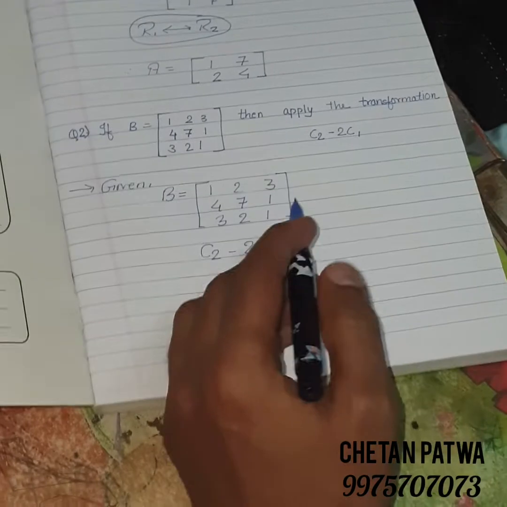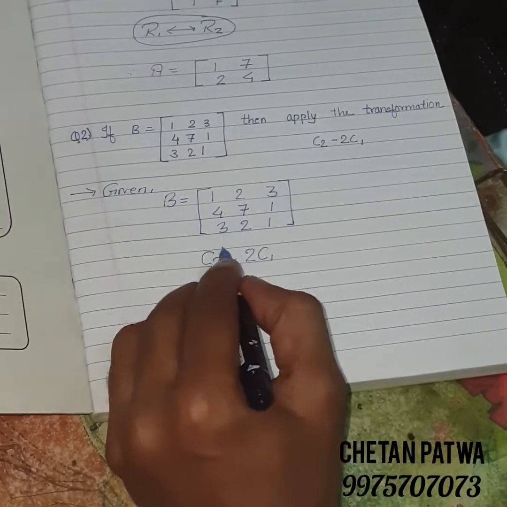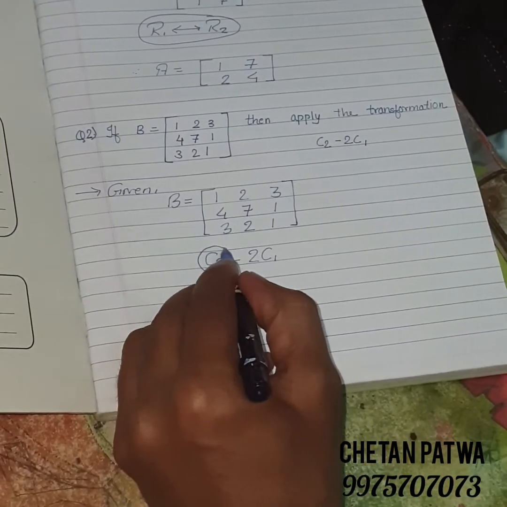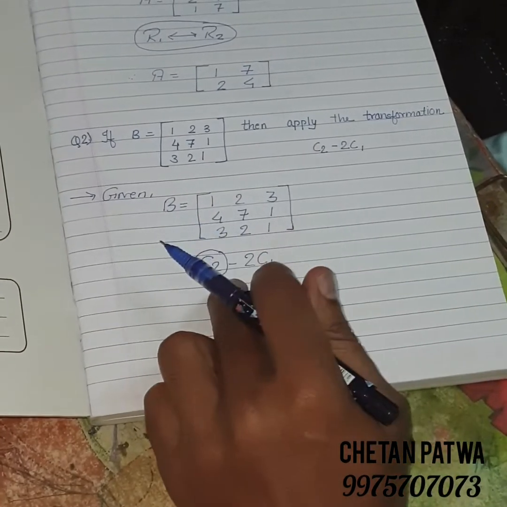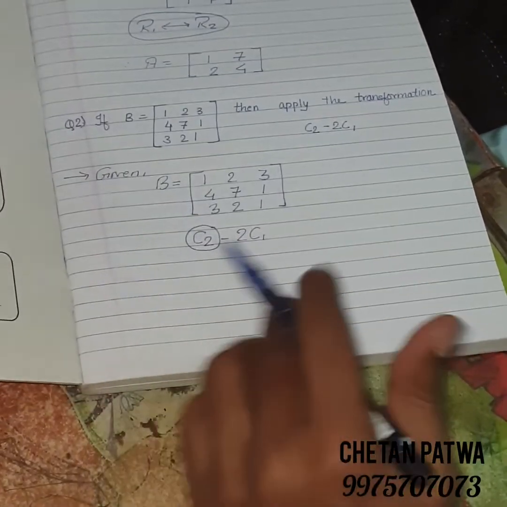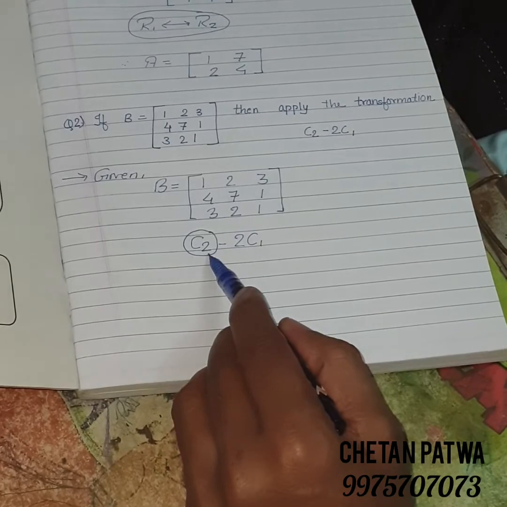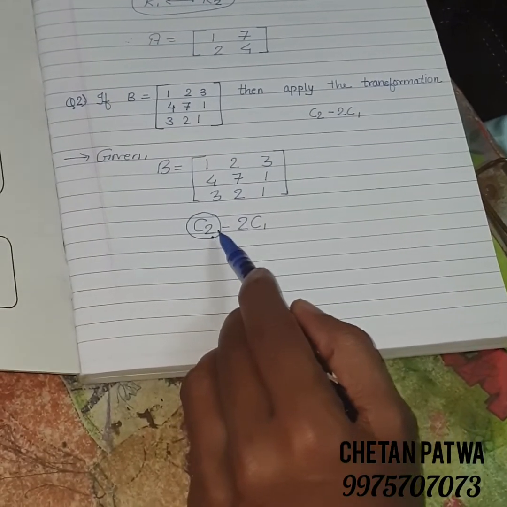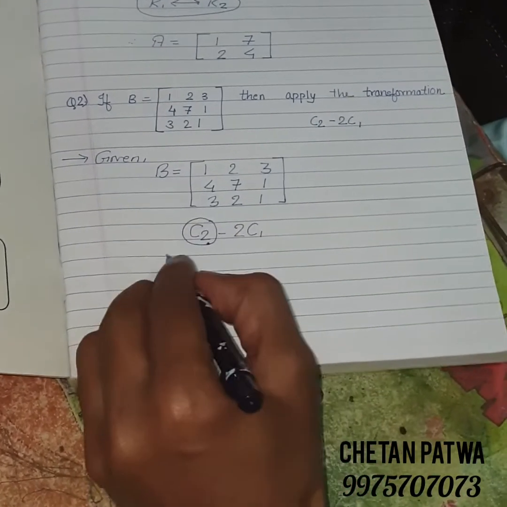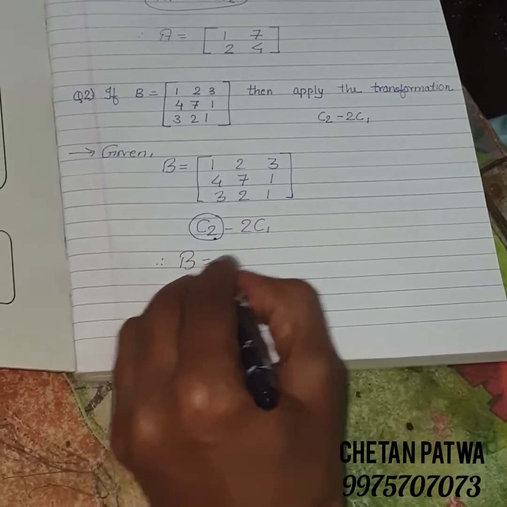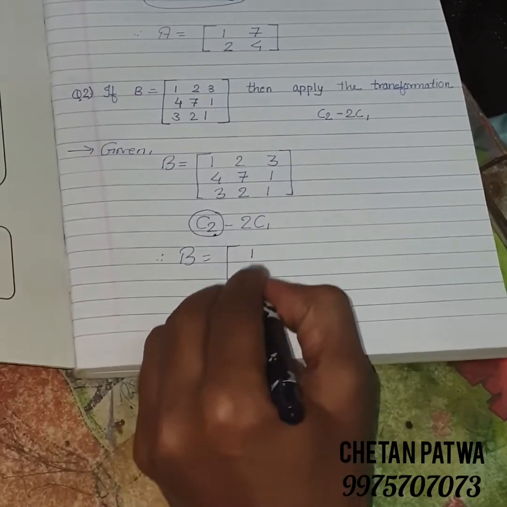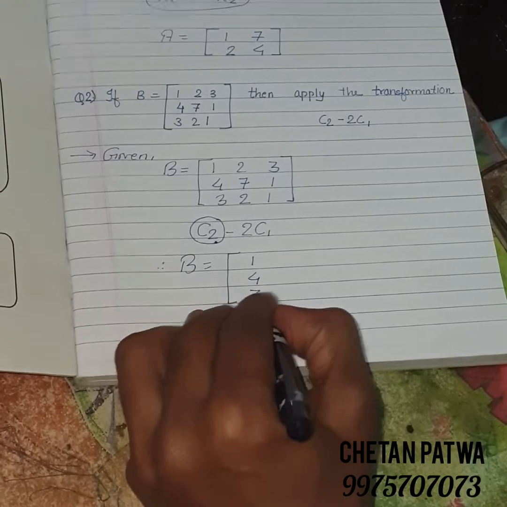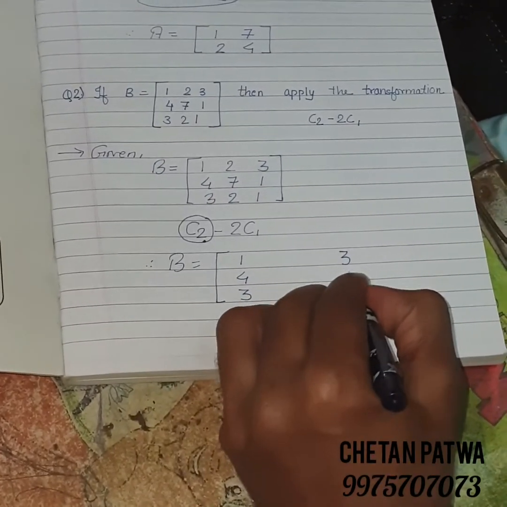Now students should keep one thing in mind, whichever term comes first, the changes will be in that column or in that row. Now in this case the first term is C2, so we will make changes in column 2. Therefore B is equal to, so I am keeping the first column as it is, the third column as it is.